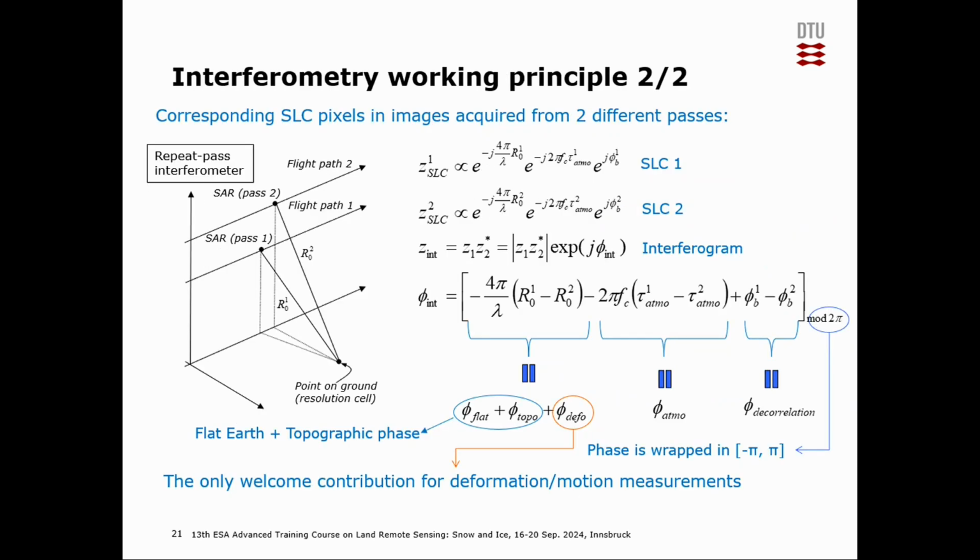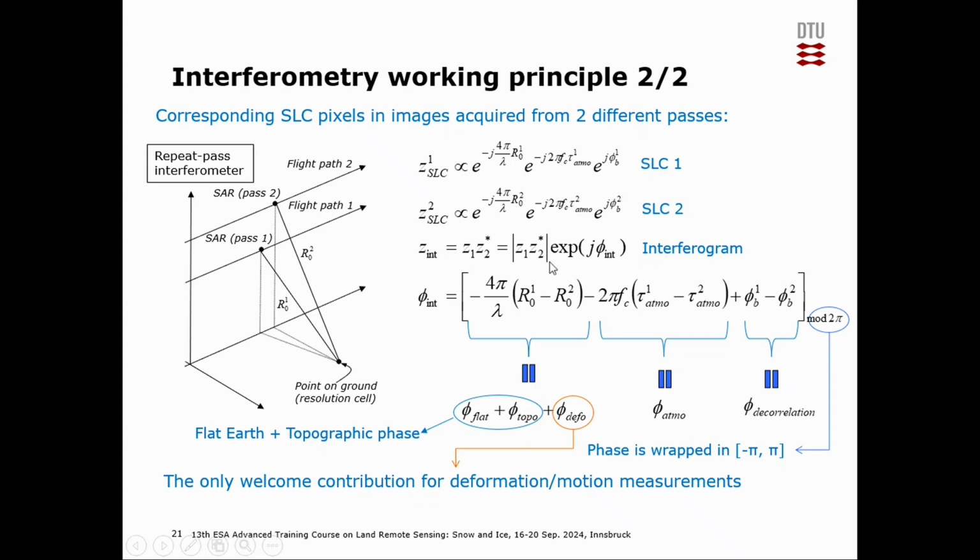What happens if we see two images? They both have, in general, been acquired from a slightly different orbital position, so they have different R0s, different distances. They have experienced different atmospheres, for example, 6 days or 12 days apart. And in general, the elementary scatterers in the resolution cell have a different arrangement. So these random terms are also different.